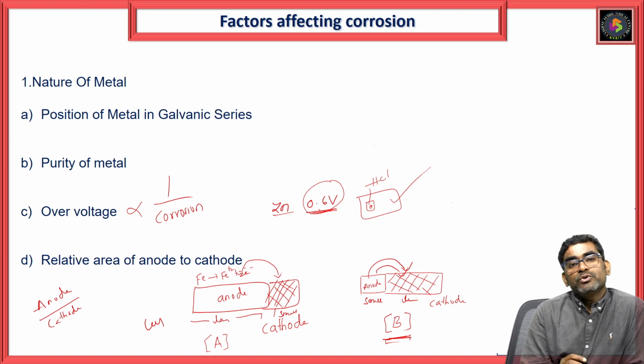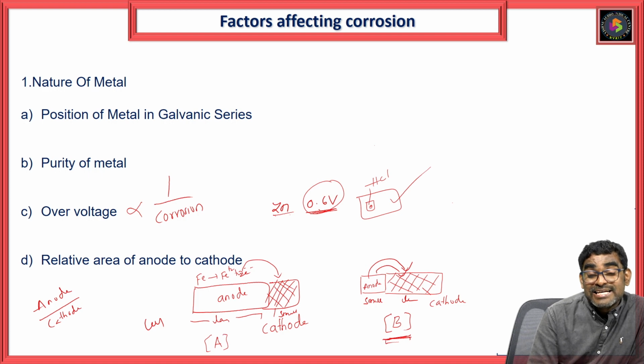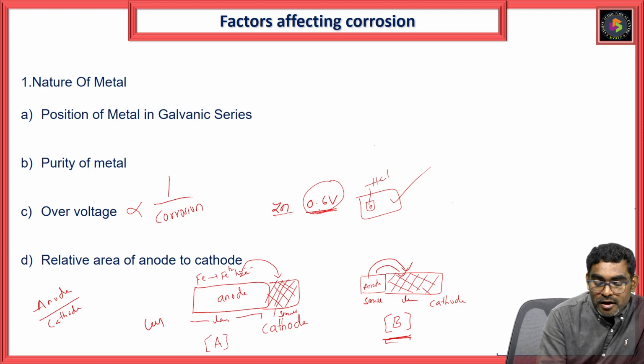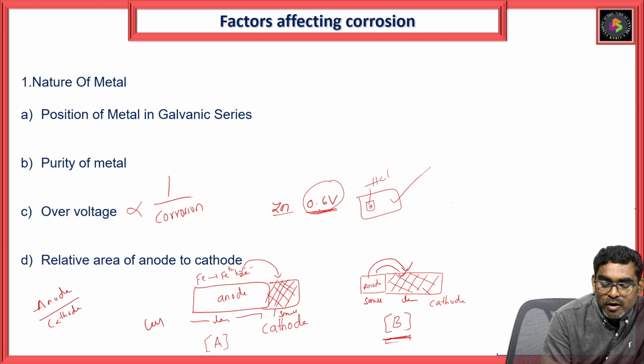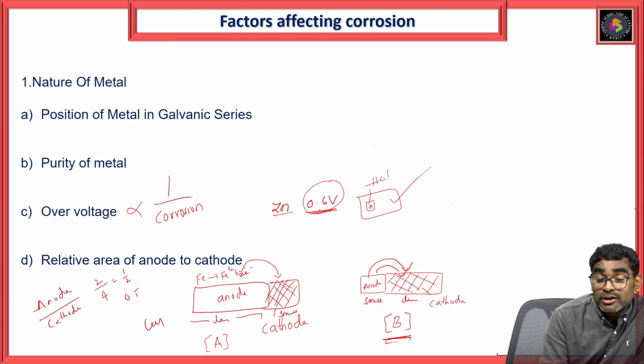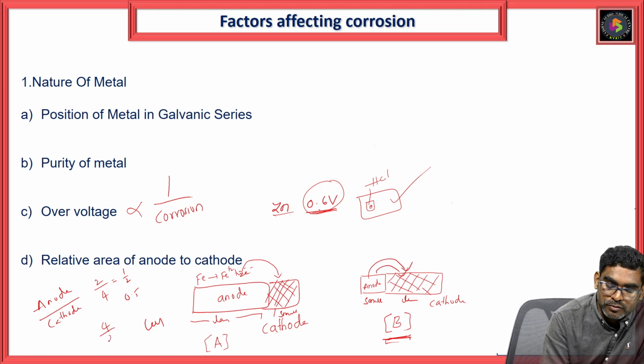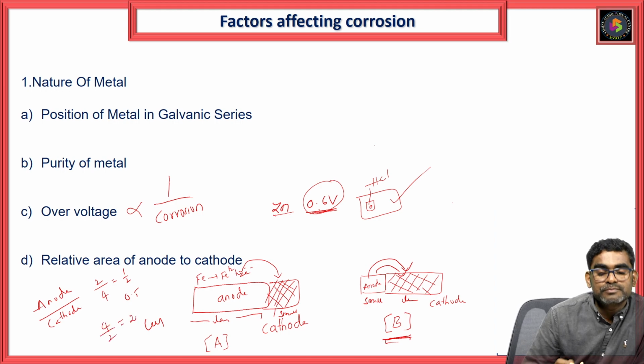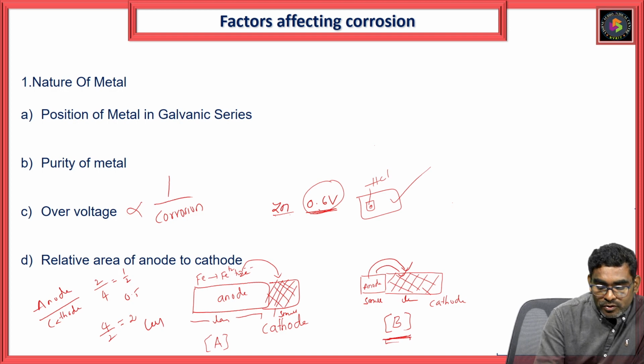If the anode to cathode ratio is small, it means the anodic area value will be less and the cathodic area value will be more. Assume it becomes 1 by 2, which is 0.5. Or if the anode to cathode ratio is large, like 4 by 2, it becomes 2.